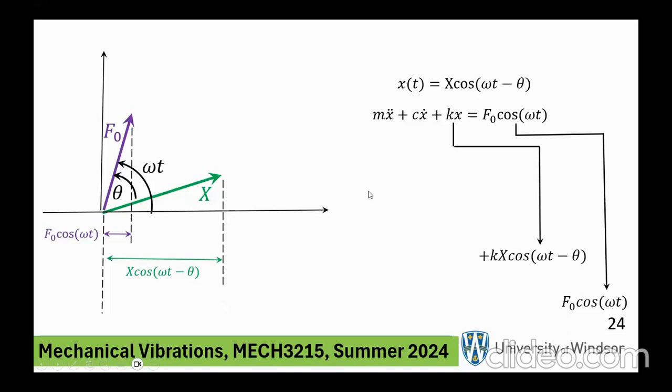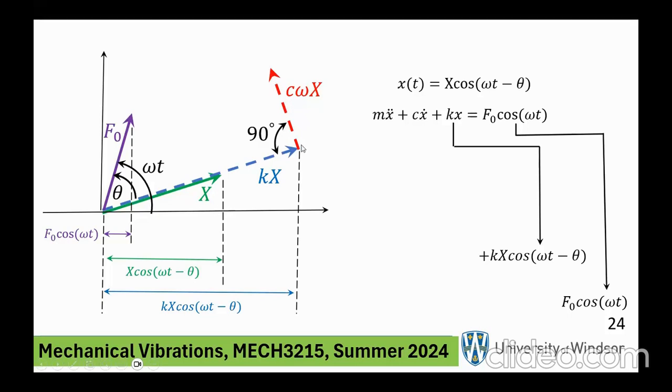And when you multiply it by k, you get that guy, kx cosine(omega t minus theta). That means that this projection is just x times cosine of the angle omega t minus theta. But anyway, move on. kx is take this thing and multiply it by k. Take the green one, multiply it by k. You get the blue one.